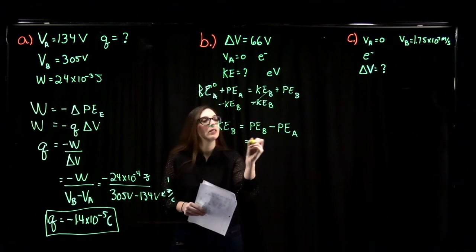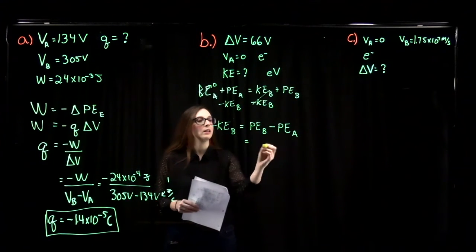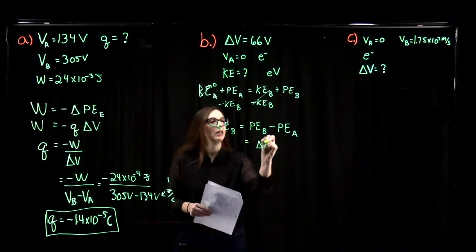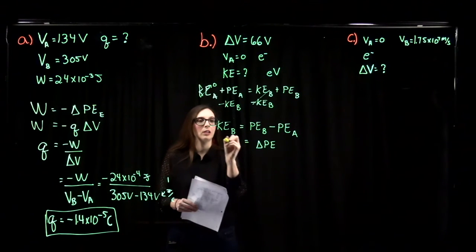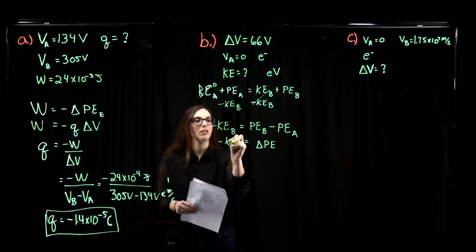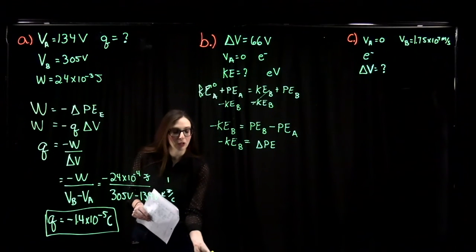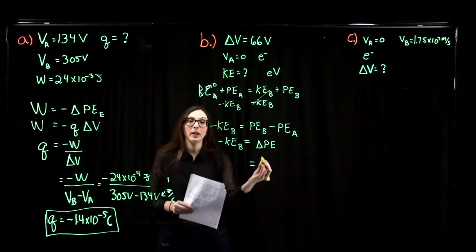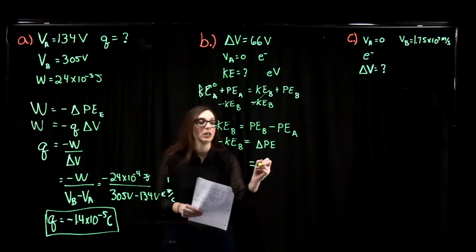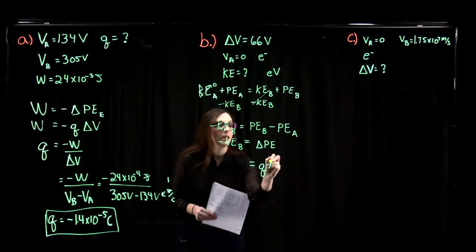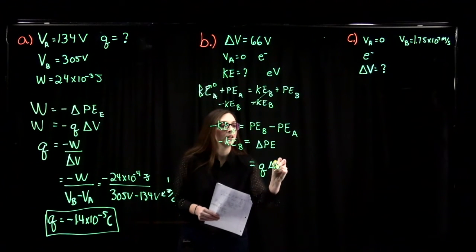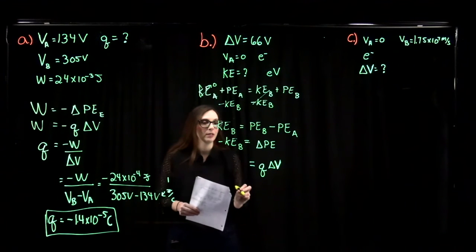And this is our final minus initial. That's our change in potential energy. Minus our final kinetic energy is equal to this change in electric potential energy. We can write the change in potential energy as Q times the change in the potential, or the potential difference.